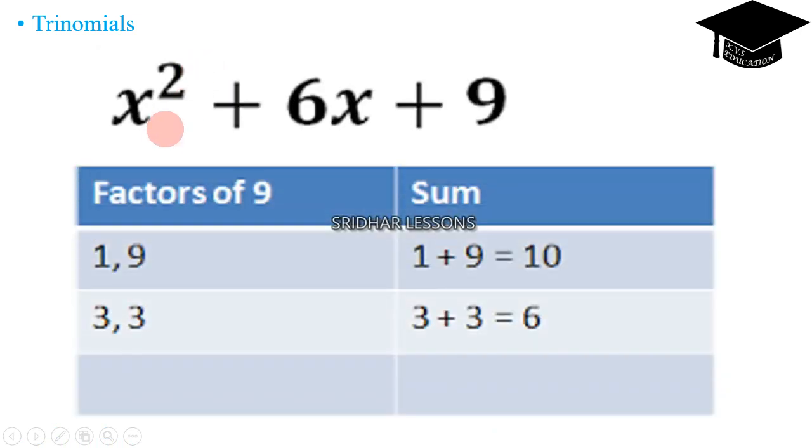Once again, trinomials. x square plus 6x plus 9. So how do we simplify? We have to take the factors of 9, and the sum should be 6. The factors 1 and 9 sum to 10, but here the factors are 3 comma 3. So 3 plus 3 is equal to 6. So this part we have to cover. These are the factors on simplification.